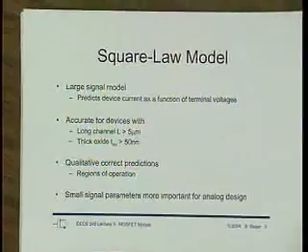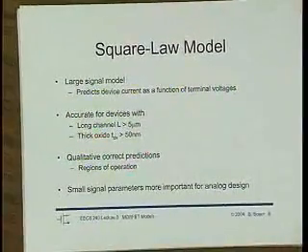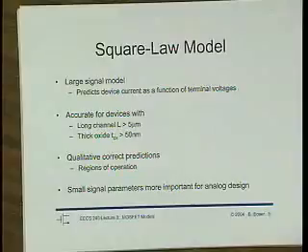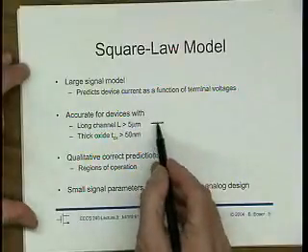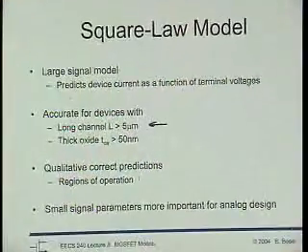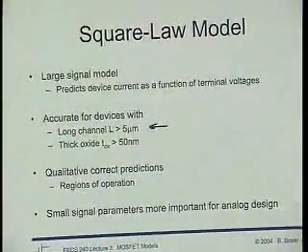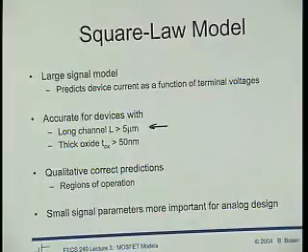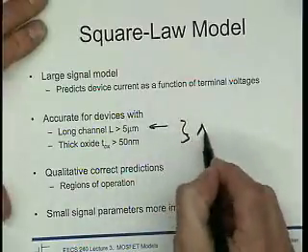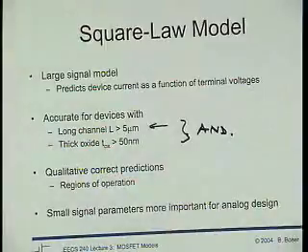Okay. Also, the square law model is actually accurate for devices that meet 2 constraints simultaneously. First of all, the channel length needs to be fairly large, a few microns or so. And the other thing is the gate oxide needs to be fairly thick. And here we need an AND. Both these conditions need to be fulfilled.